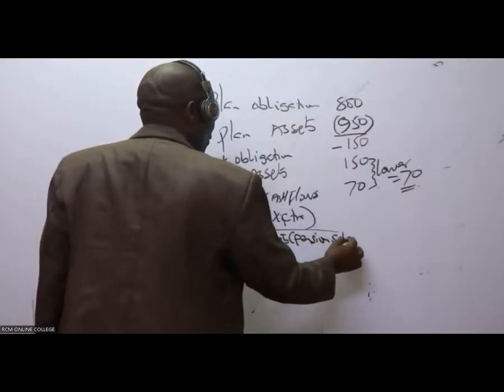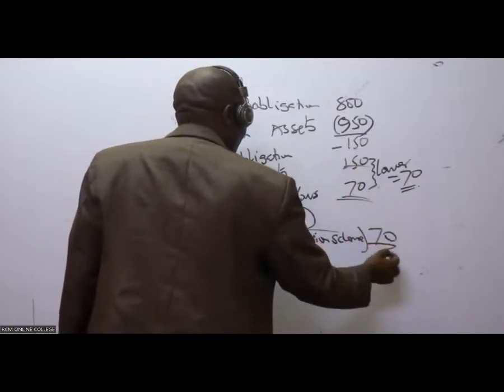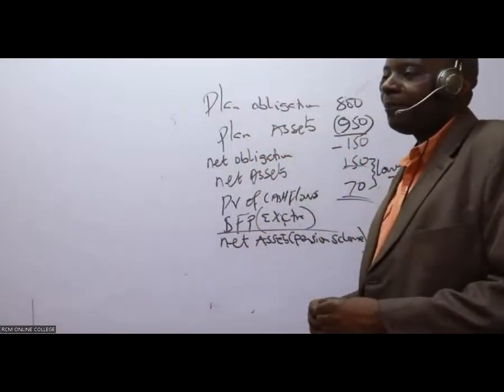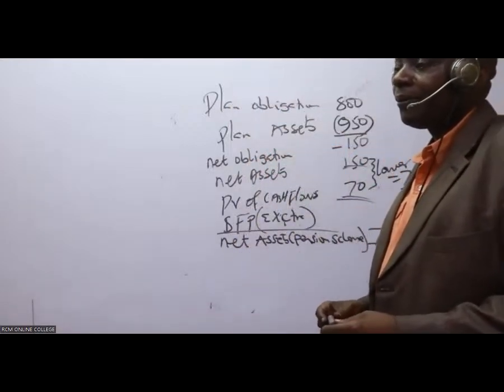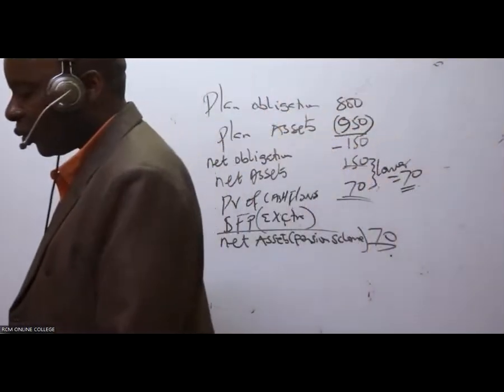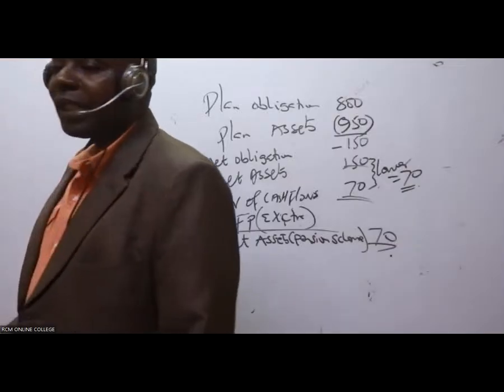Now you can't book 150 because there's a ceiling of 70. That's what you book there. There is a ceiling of 70. So that's what you book there.